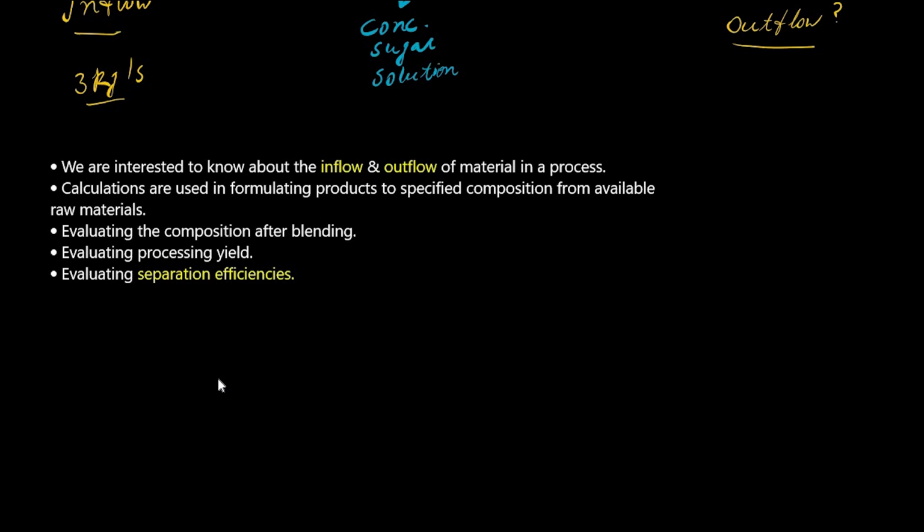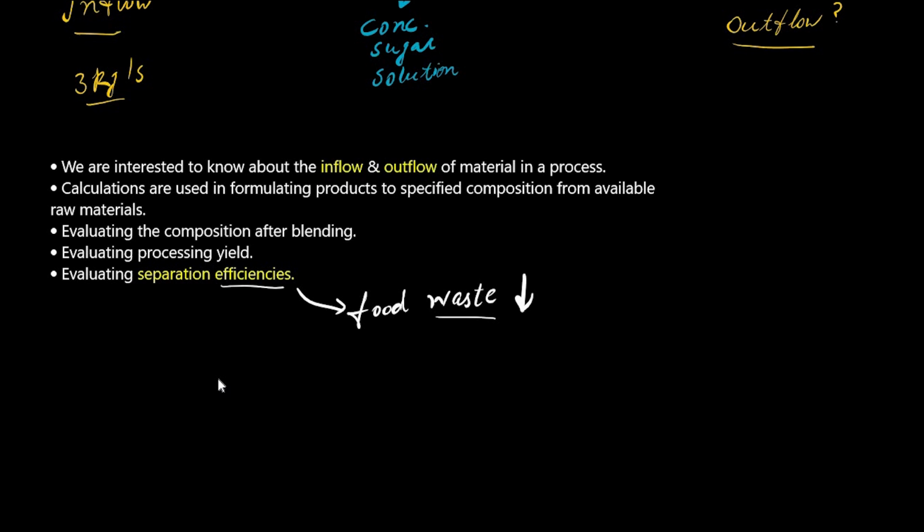Separation efficiencies basically tell us how efficiently two different components are being separated. Because in a food processing plant, we are interested to know about food wastage. We have to minimize the wastage as much as possible.